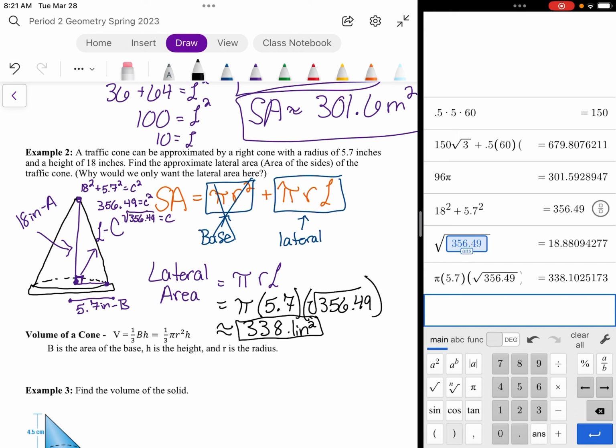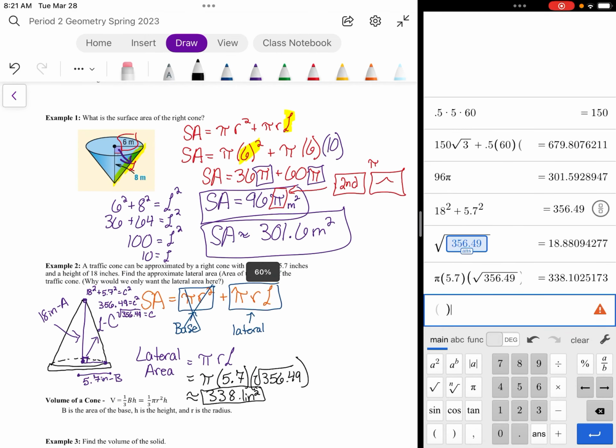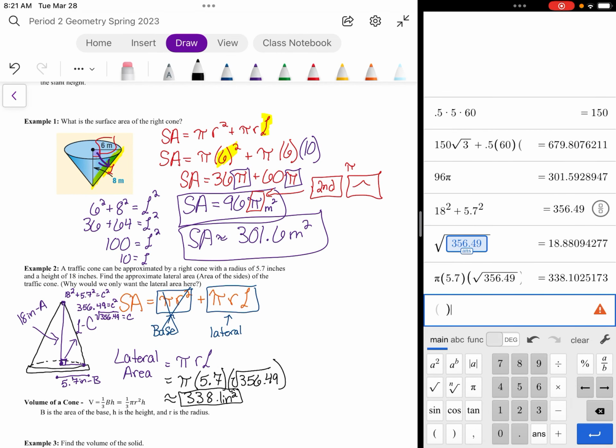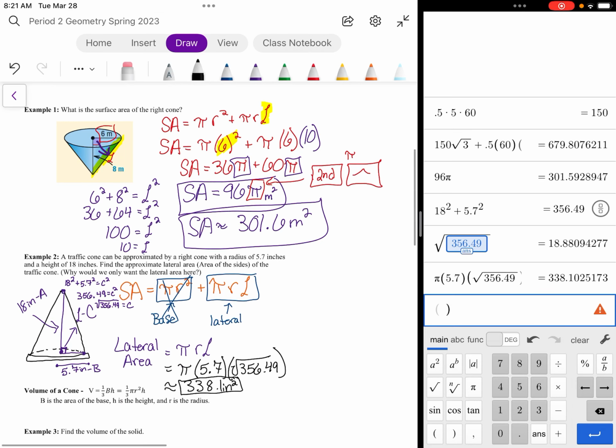Oh, inches squared. Sorry about that. Right. So this one we didn't need the area of the base, so that is why we did not use the pi r squared. So make sure you're reading the questions carefully. Sometimes with these word problems, you don't want the full surface area.